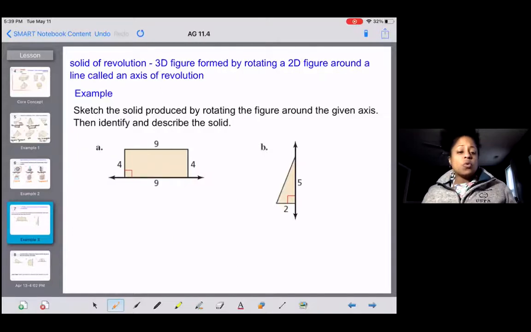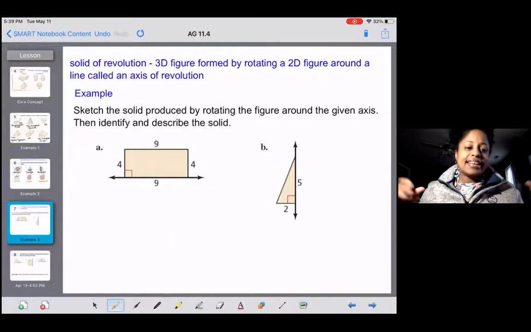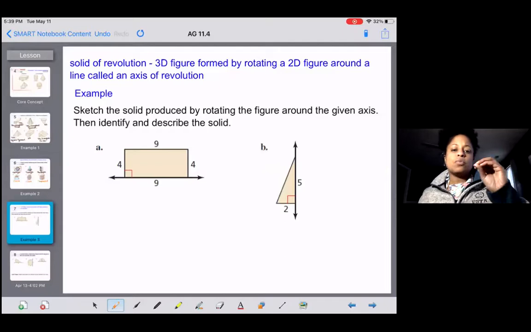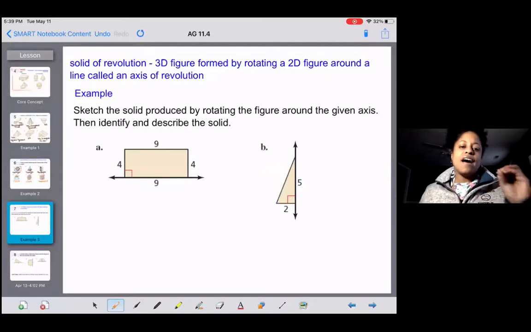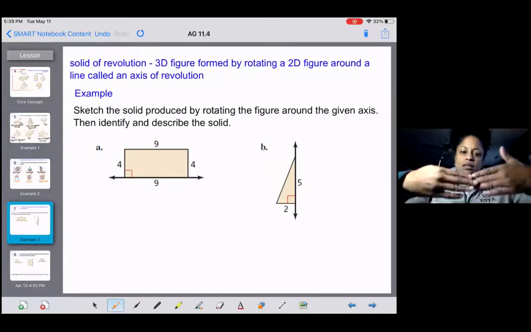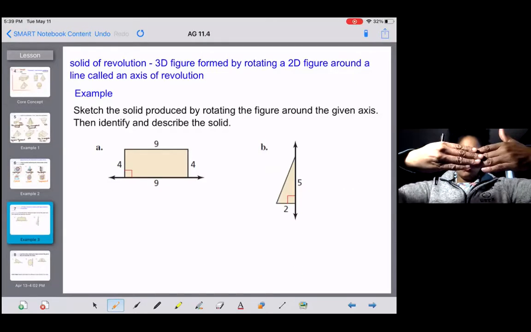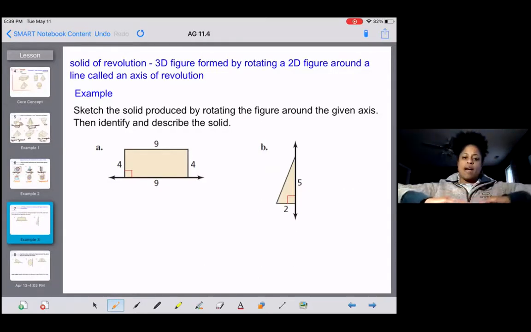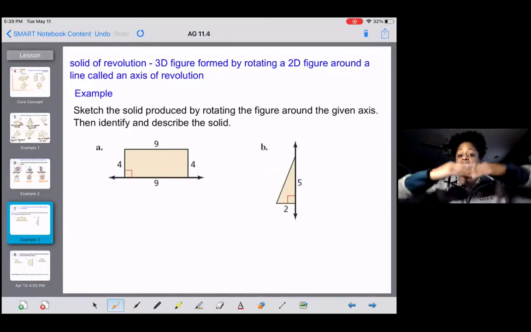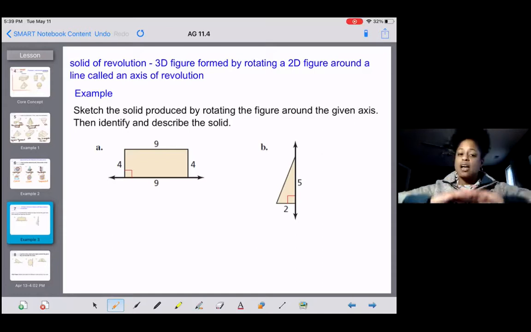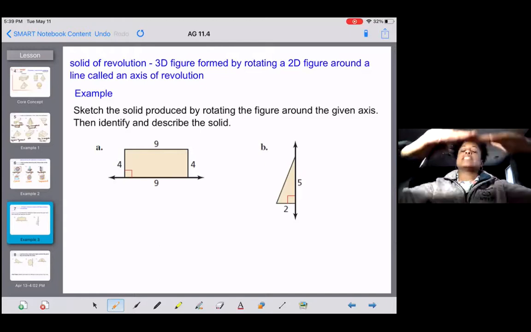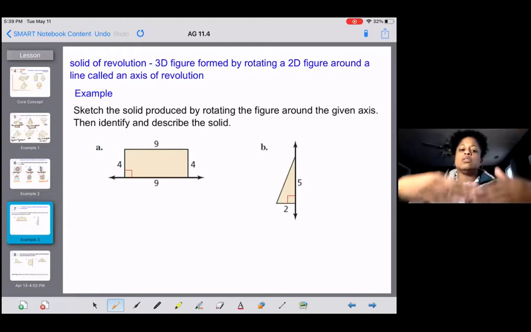Okay, so what we're really going to do is A. It says sketch the solid produced by rotating the figure around the given axis, then identify and describe the solid. You've got this rectangle, and you are going to rotate it around basically the x-axis. You can picture it as the x-axis. So how's that going to go? Hopefully you see that it's going to go around in a circle.